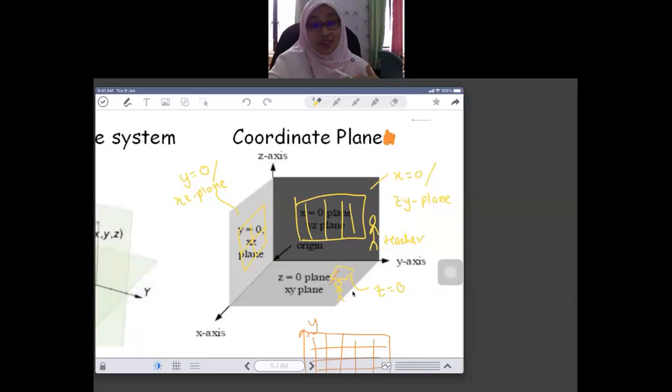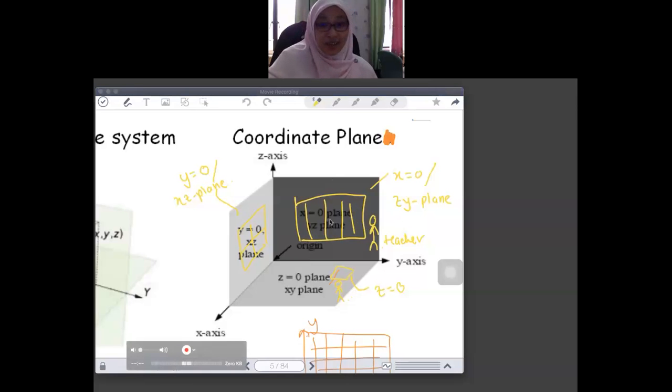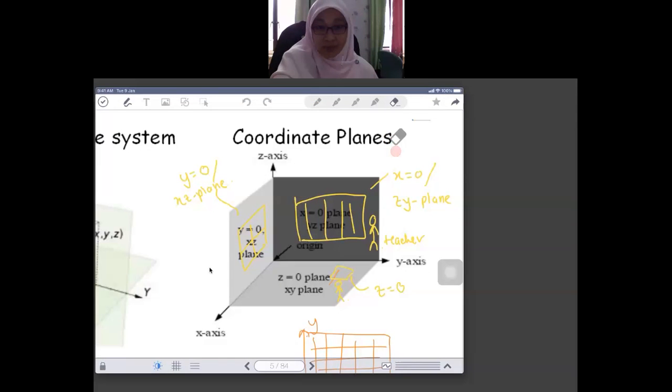Some students get confused, so please refer to what you are discussing. If you are discussing a surface, y equal to 0 is a coordinate plane. But if you're talking about 2D, y0 is a line, which is the x-axis. So the combination of these three planes, we call coordinate planes. Now you understand what coordinate planes mean?